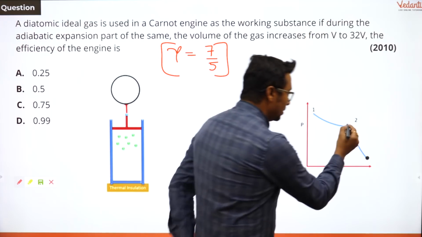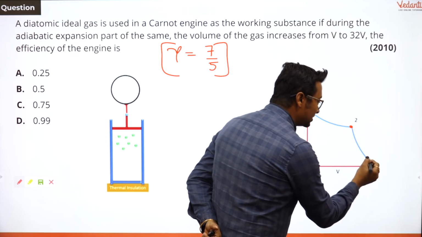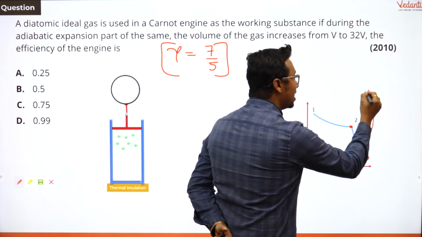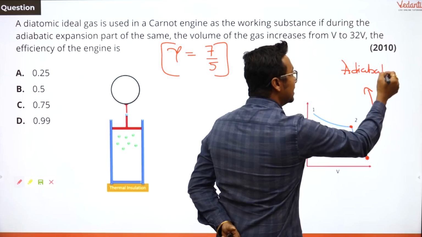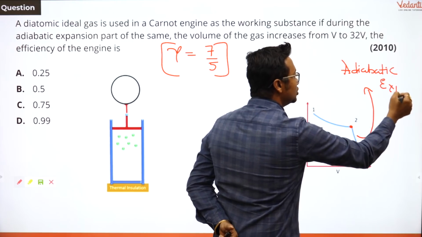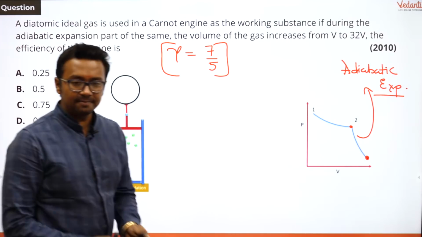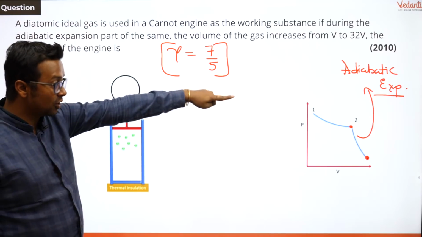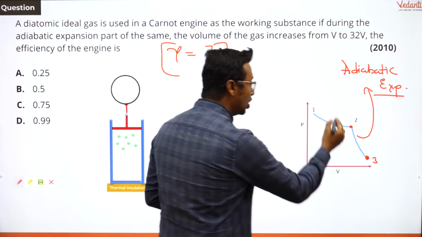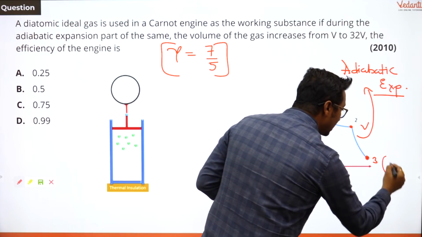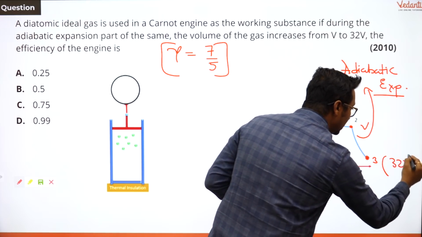Students, we clearly understand this is the part which is showing adiabatic expansion. What are they saying? In the process that goes from 2 to 3, this process here, volume here was V, here it became 32V.